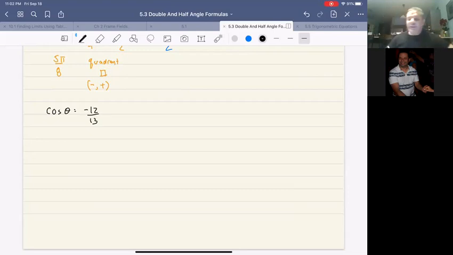Theta is between pi and 3 pi over 2. And it asks us to find sine of theta over 2, cosine of theta over 2, and tangent of theta over 2.